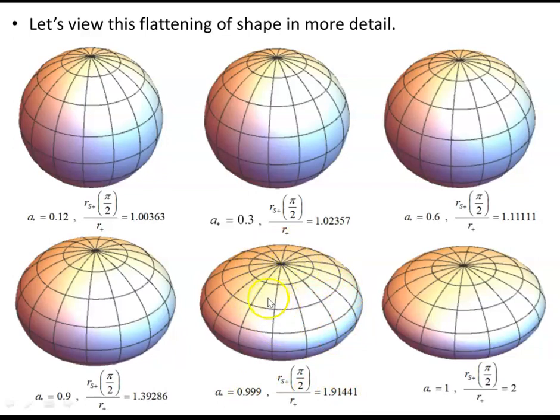Visually, you can see there's a fair bit of flattening from about 0.9 onwards. Perhaps it'll be noticeable even from about 0.8 onwards. But anyway, in the very extreme case, at the uppermost limit, whether or not objects actually reach this in nature, we don't know. But a star is 1 and the ratio becomes 2. And you can see a tremendous amount of flattening there.